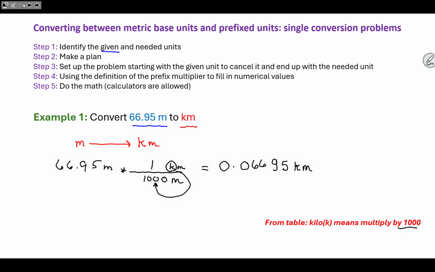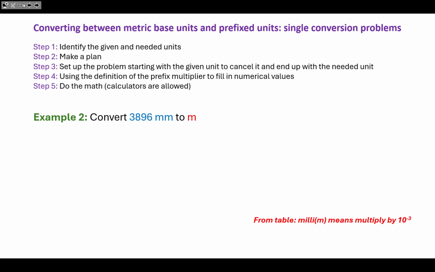Let's try another example. Here I'm asked to convert 3896 millimeters to meters. My given unit is millimeters, my needed unit is meters, and I can get there in one step using the definition of milli. Looking at a table, milli means multiply whatever it's in front of by 10 to the minus 3.